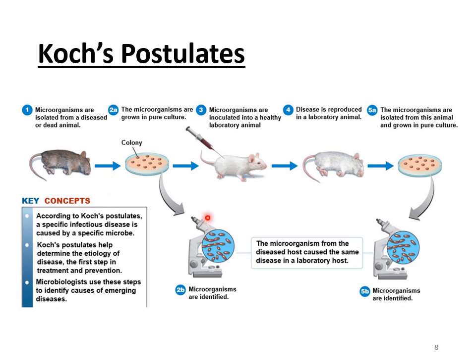Okay, so again, what Koch's postulates is doing, you take a microbe you isolate from the diseased animal, you culture it and put it in a healthy animal, and if it is the true cause of that disease, it should then make the healthy animal show the same symptoms, the same disease as the initial animal.